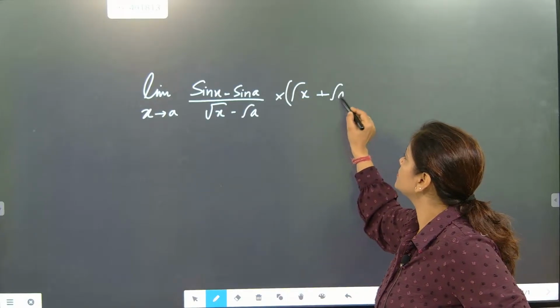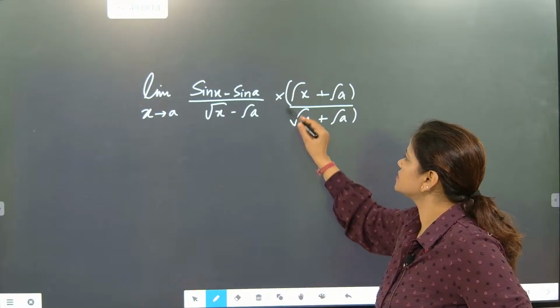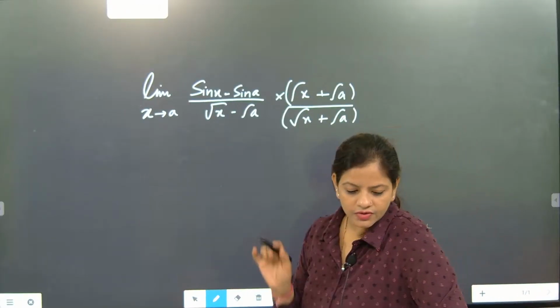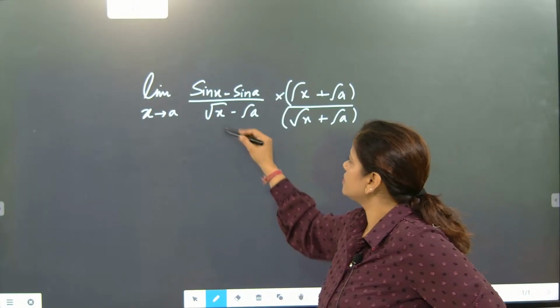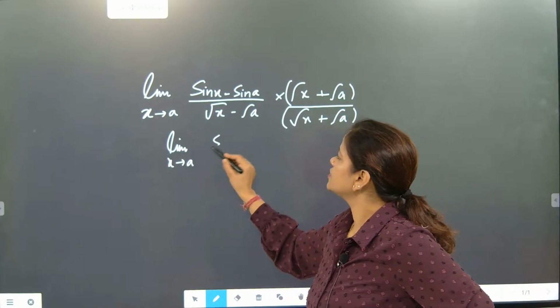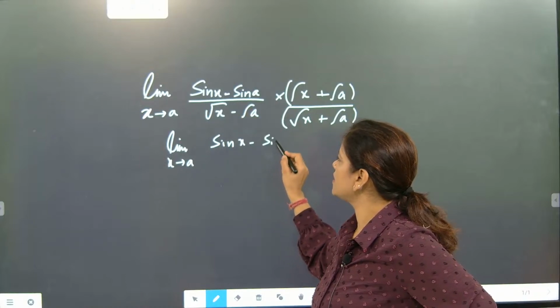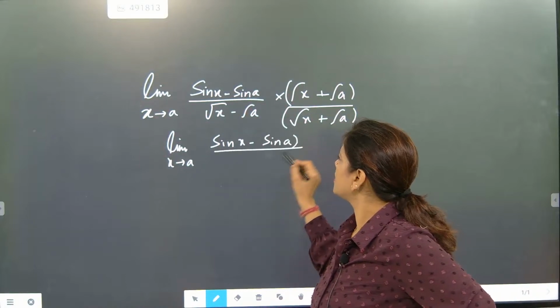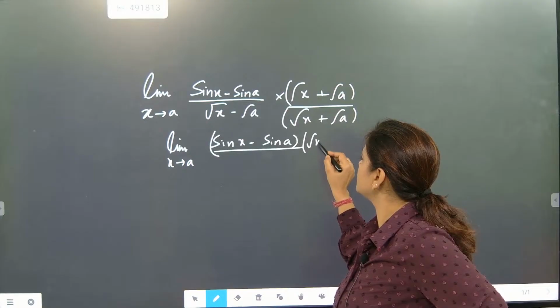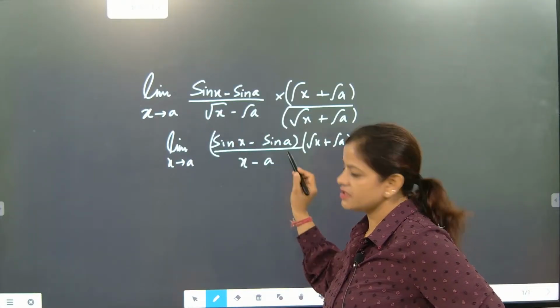So it will become this by root under x plus root under a. Our concept is first to bring this out of the root. So here it is sine of x minus sine of a, and the denominator part is coming as root of x plus root of a, and this will become x minus a.